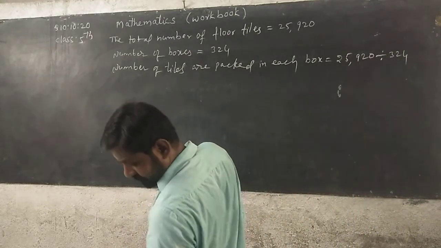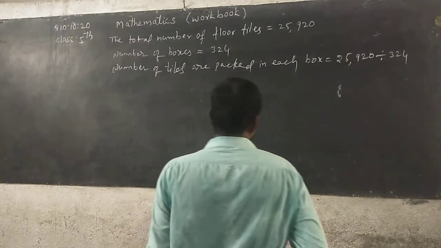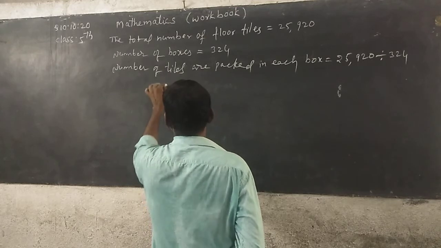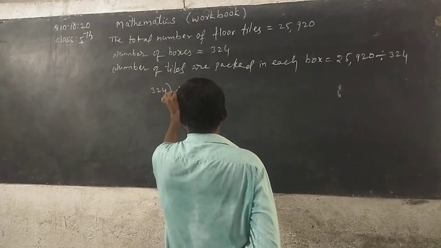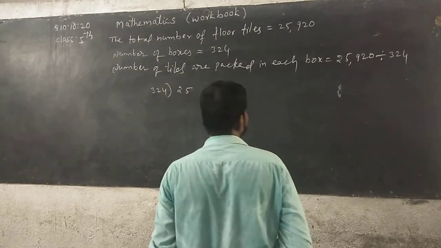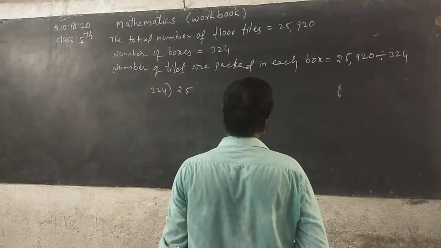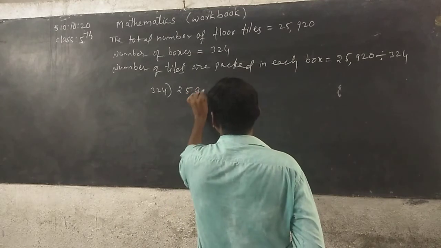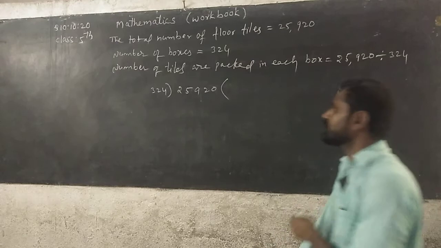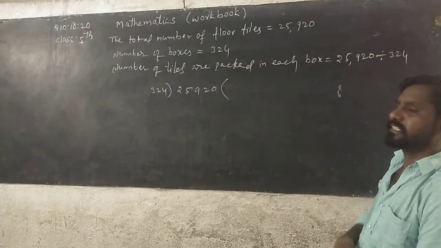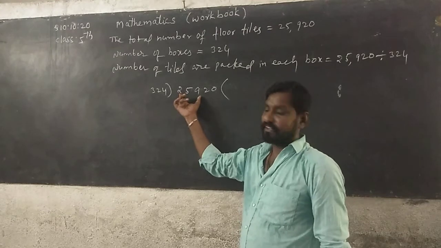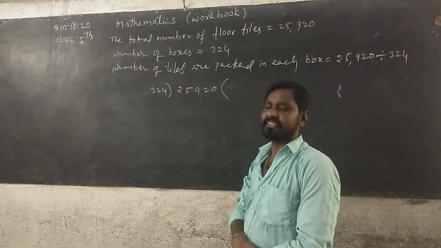See here, 324 taking as divisor, 25,920 taking as dividend. See how many digits we have to take. If you take 3 digits from left to right, that is 259. 259 is less than 324.